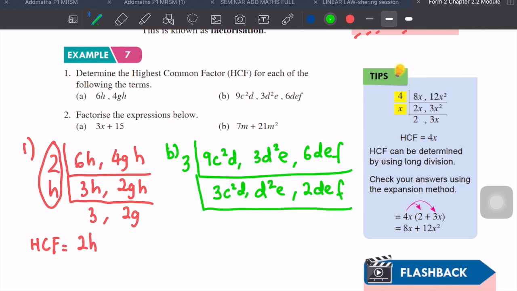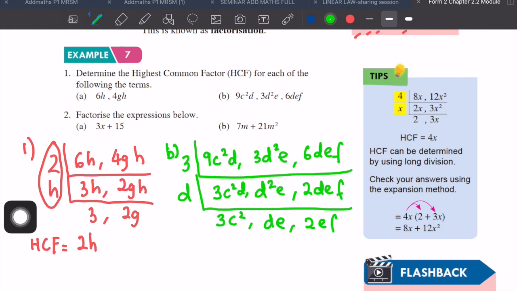Apa yang sama? Apa semua term tu ada? Dia ada D kan? So you can divide by D. Okay, so 3C square D divide by D. You will get 3C square. D square E divide by D. You will get DE. Finally, 2DEF divide by D. You will get 2EF.